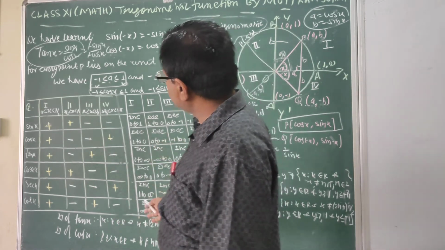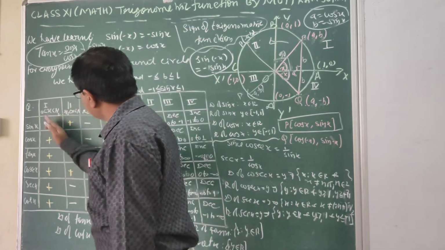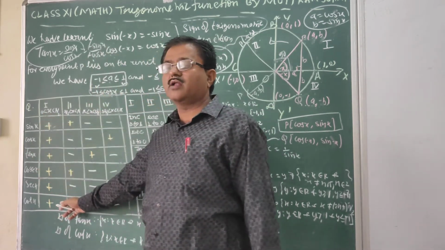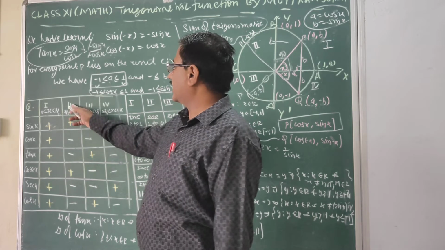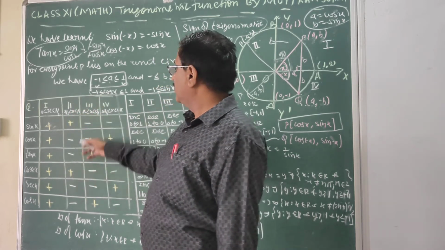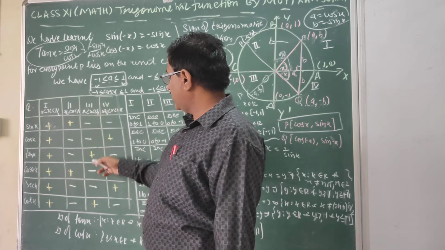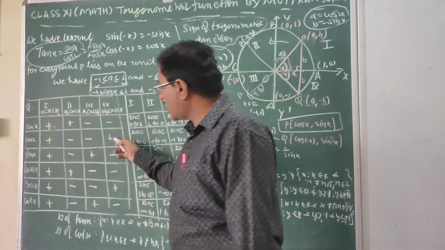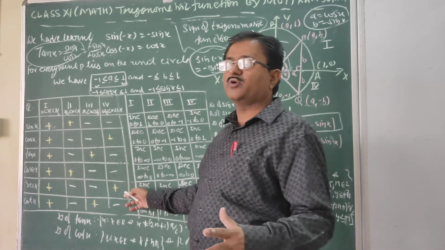So in this way we can construct this table: in the first quadrant all are positive, in the second quadrant sin and its reciprocal are positive, in the third quadrant tan and its reciprocal are positive, and in the fourth quadrant cos x and sec x are positive.